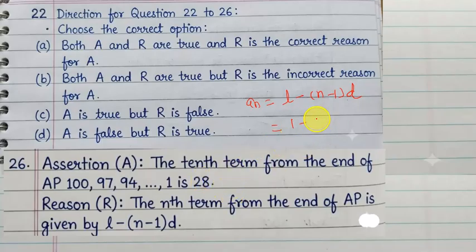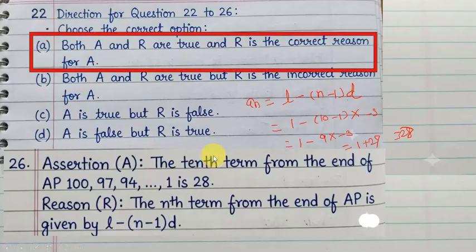The 10th term. n is 10. 10 minus 1 into D. D is minus 3. Now simplify here. 1 minus 9 into minus 3. That is 27. 1 plus 27, and we will get 28. And hence here both A and R are true, and R is the correct reason for A, hence option A is correct here.